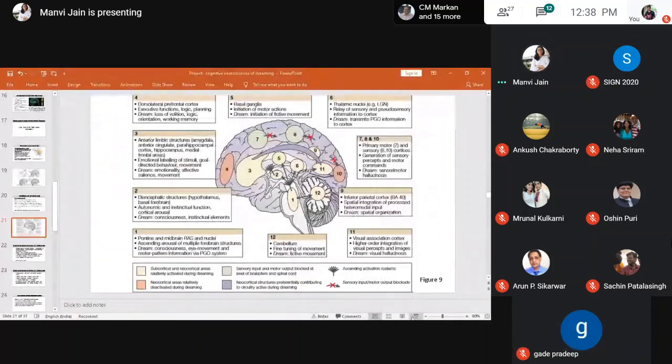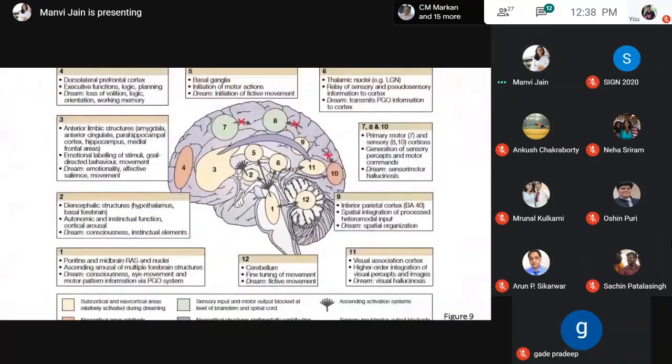Okay. So this is the first region. This is the basic part that is responsible for dreaming, and what we talked about in the first half, the PGO system. The PGO system is related to eye movement and motor pattern information.